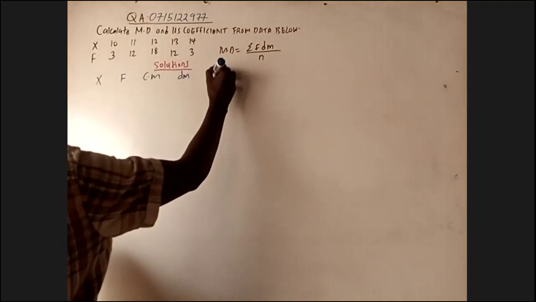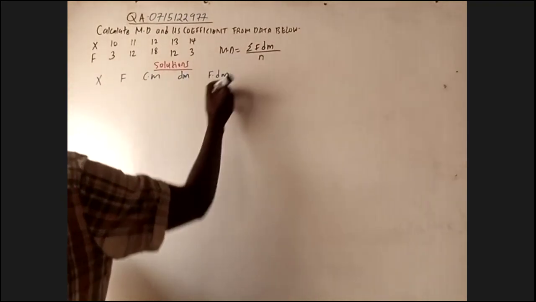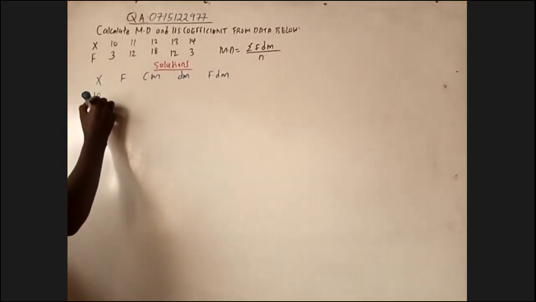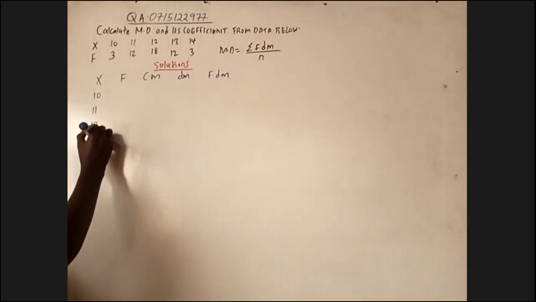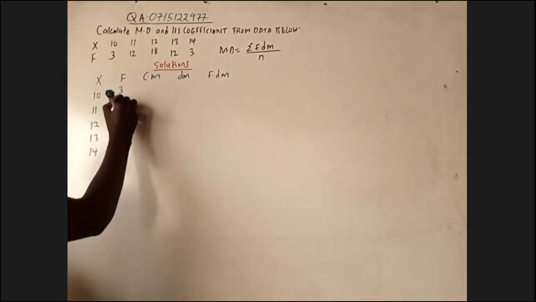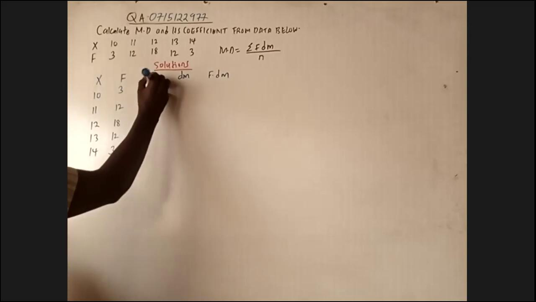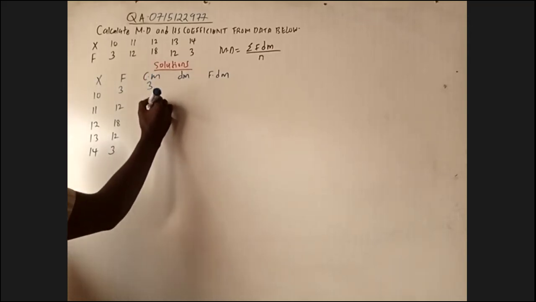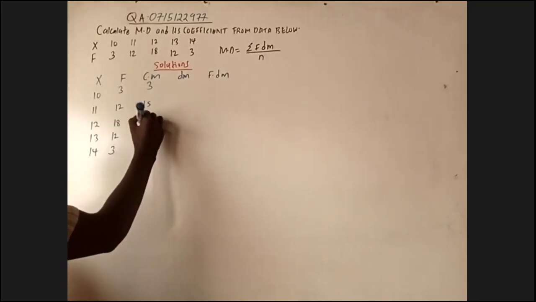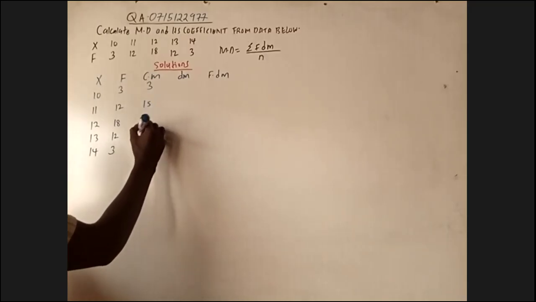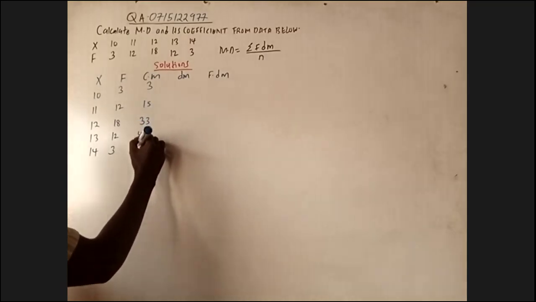Then F times DM. We have 10, 11, 12, 13, 14 and frequencies 3, 12, 18, 12, 3. Cumulative will be 3, 15, 33, 45, 48. Is that okay?